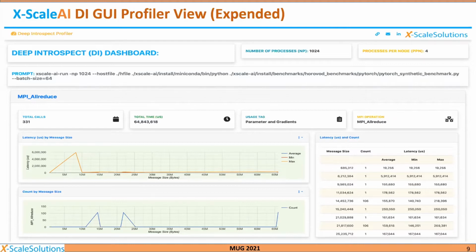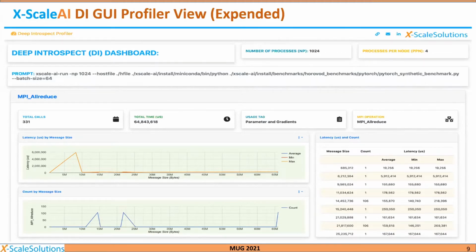One is showing the latency distribution across different message sizes. These messages are collected, whatever is used by the application during its run. The other one is the distribution of the message size itself, with message count.